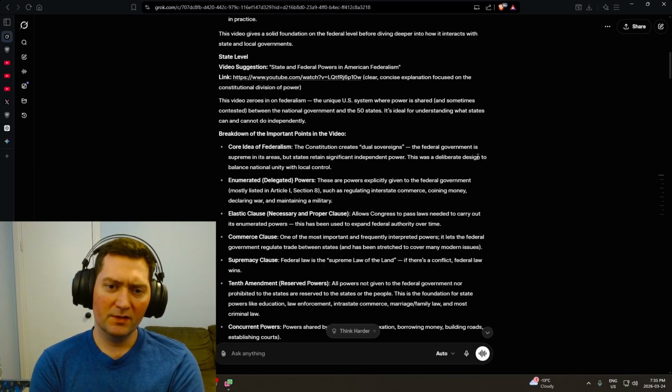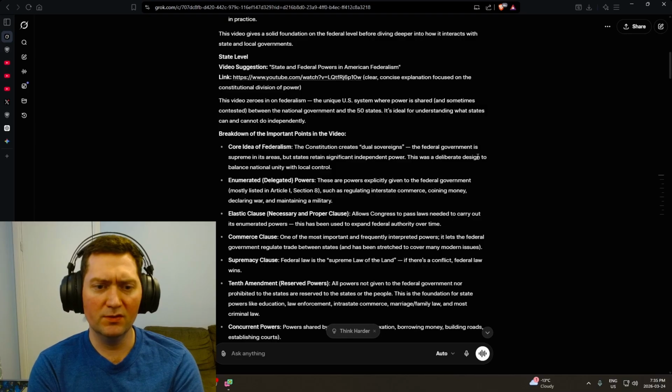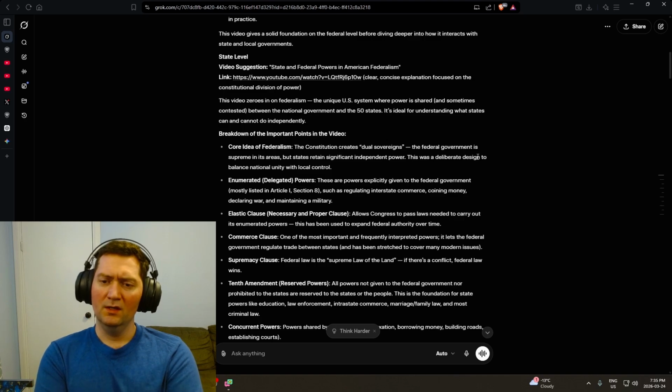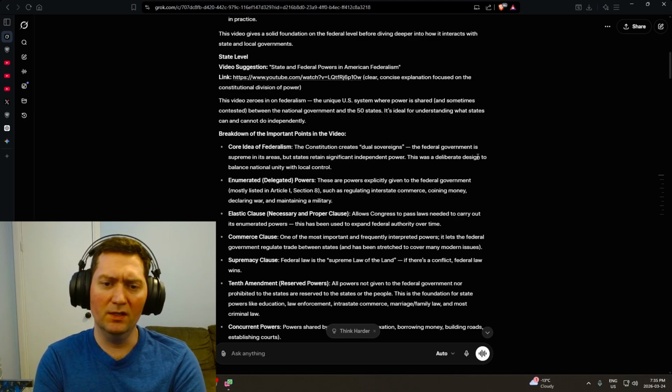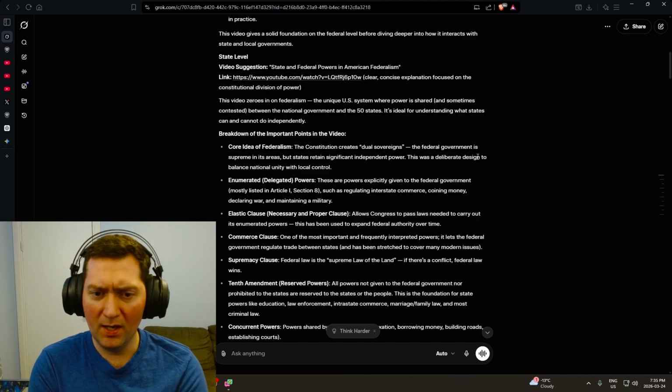Core idea of federalism. The Constitution creates dual sovereignty. The federal government is supreme in its areas, but states retain significant independent power. This was a deliberate design to balance national unity with local control. Enumerated delegated powers.